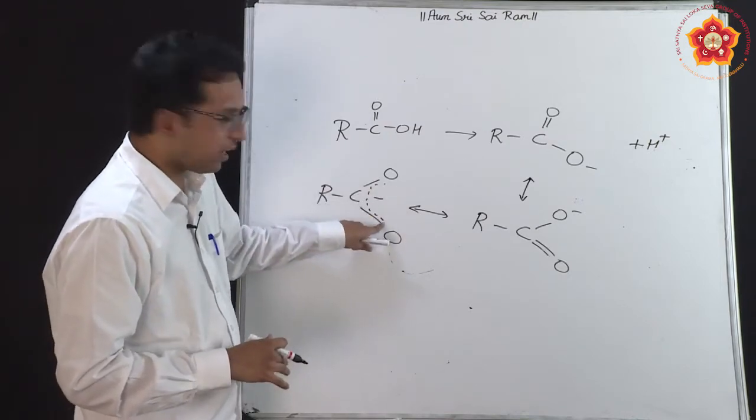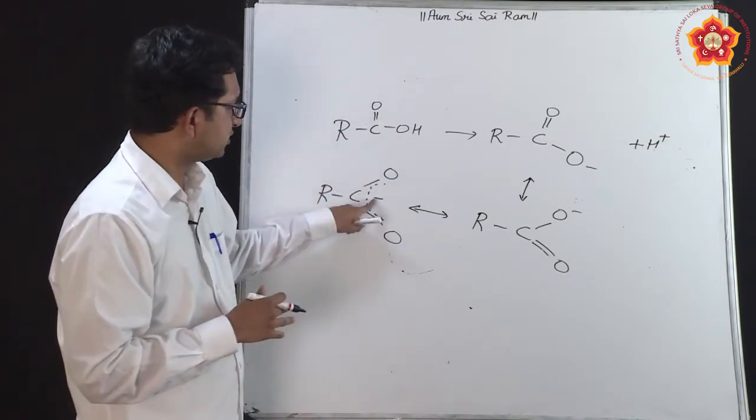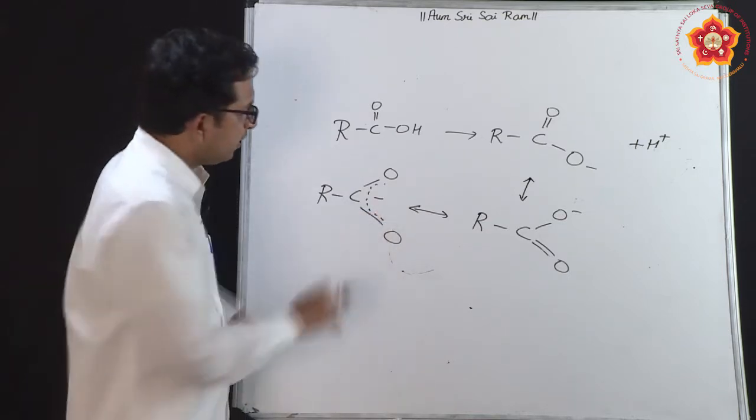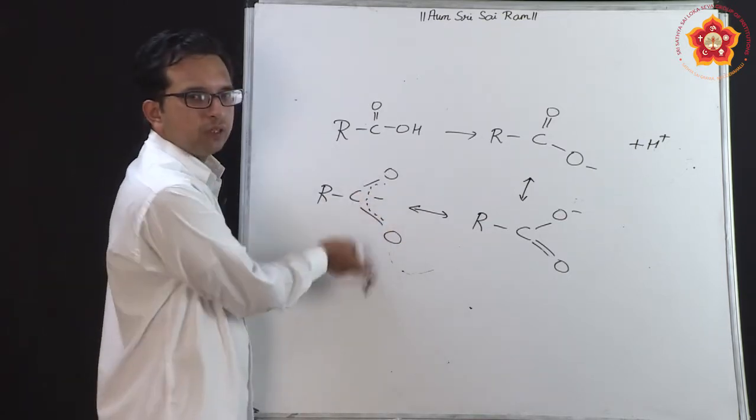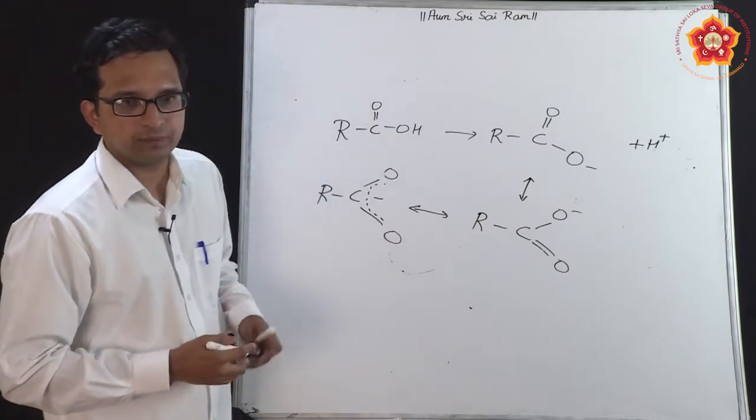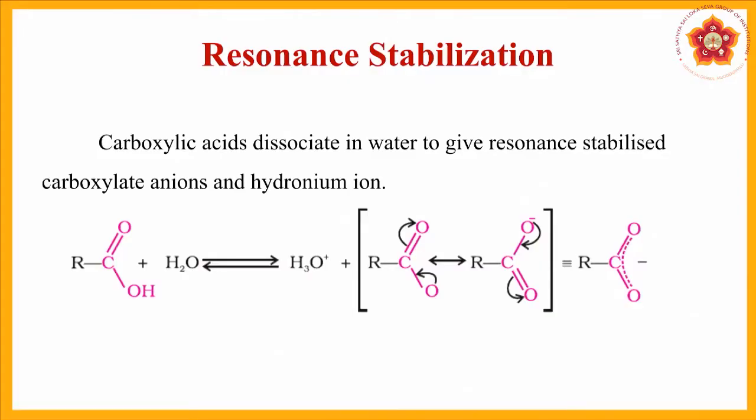Writing a dotted semicircular line with a negative charge indicates that this negative charge is fluctuating between the two oxygen atoms. This is nothing but the stabilization caused by removal of the hydrogen atom, and this sort of stabilization gives acidity to the compounds, because we always know that better stabilization leads to higher stability, and if RCOO minus can be stabilized better, H plus production can be much easier.